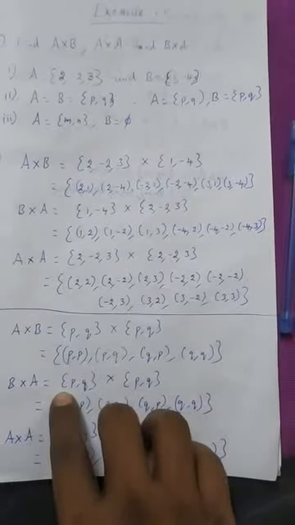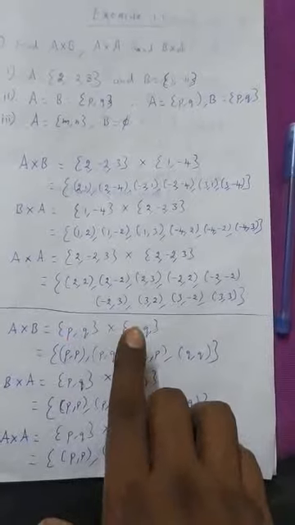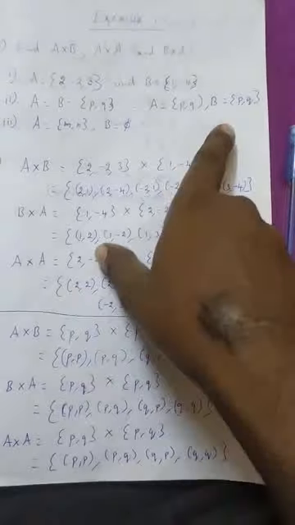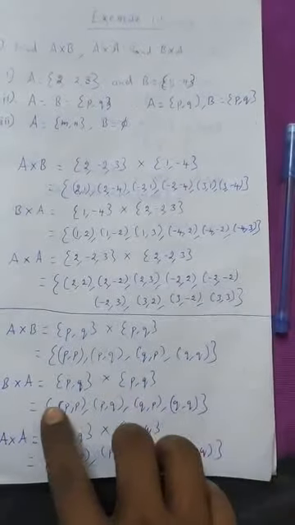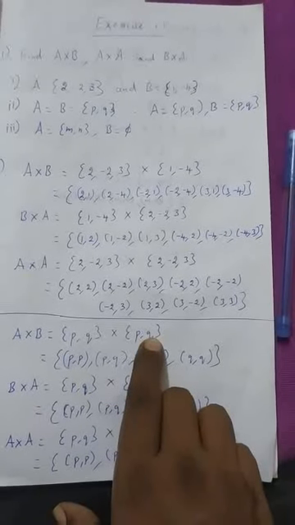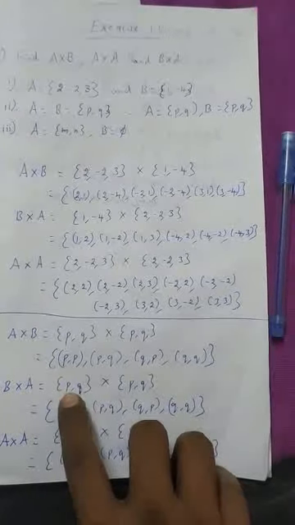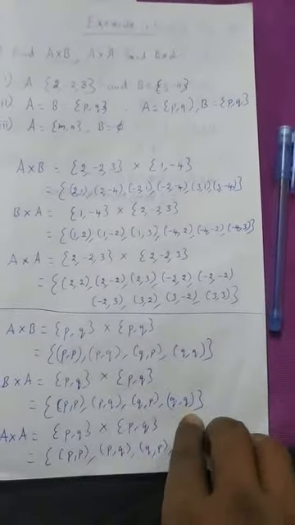Again B cross A: both sets have the same elements, so we will get the same answer: (p,p), (p,q), (q,p), (q,q).